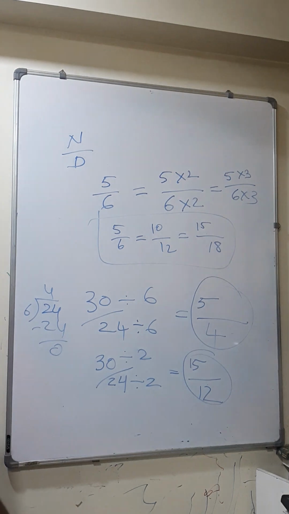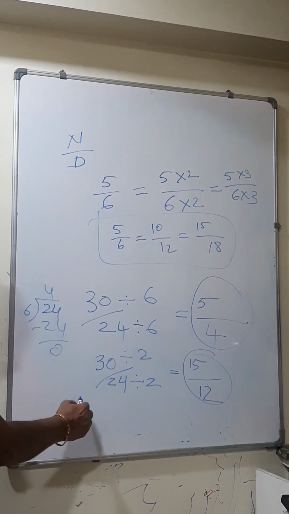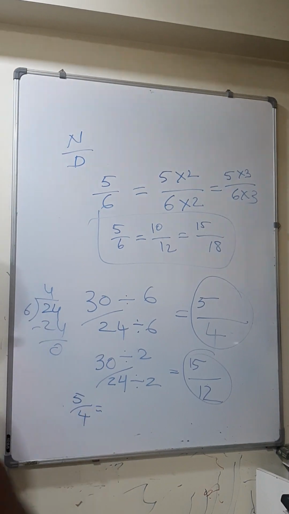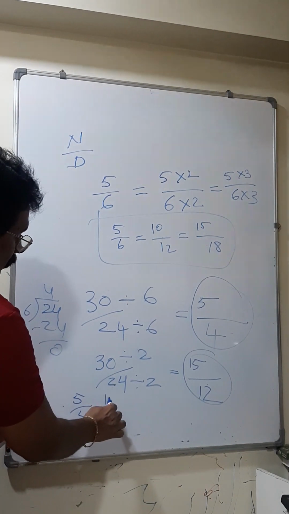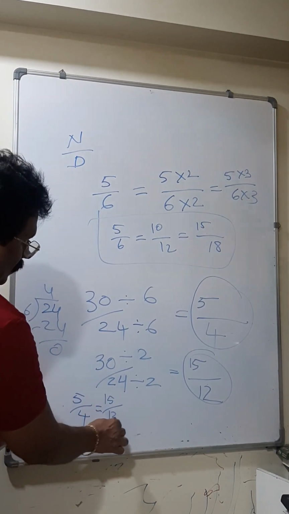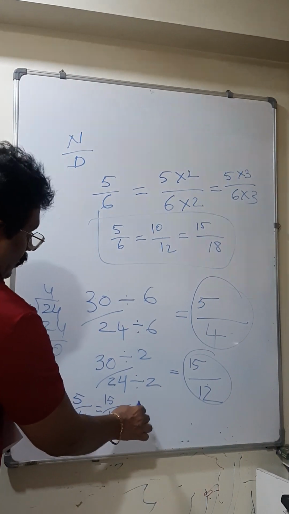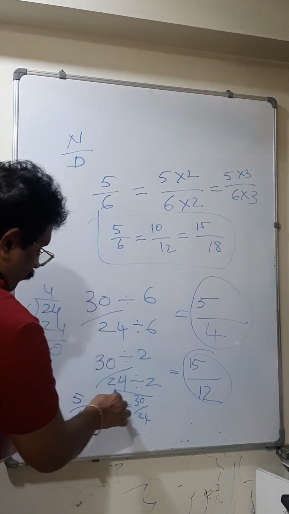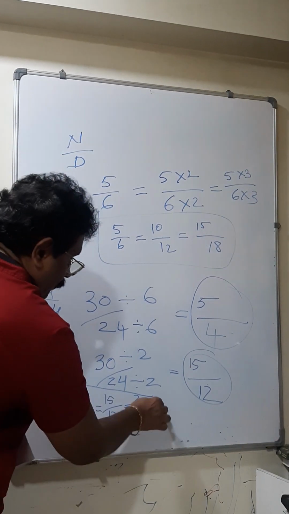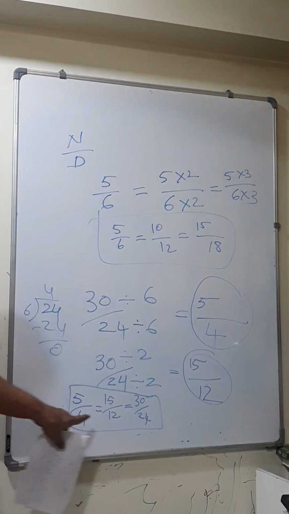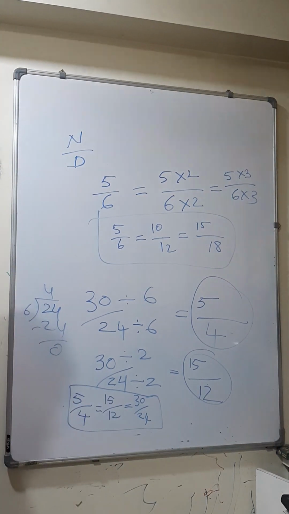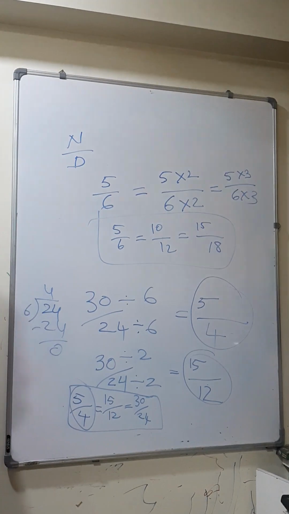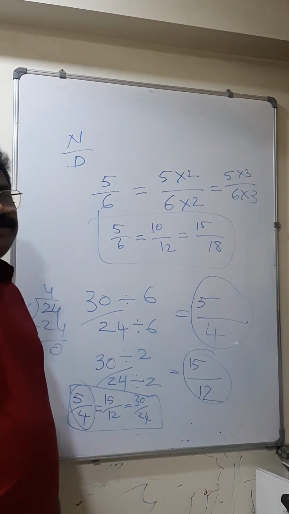So I can also say 5 by 4, or equal to, you can write 15 by 12 equal to 30 by 24. These are all equivalent fractions. Out of this, 5 by 4 is the lowest form of the fraction. Okay?